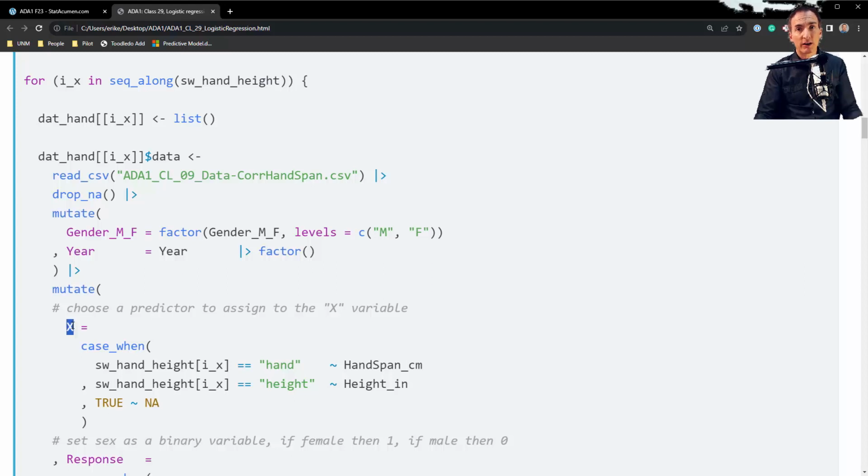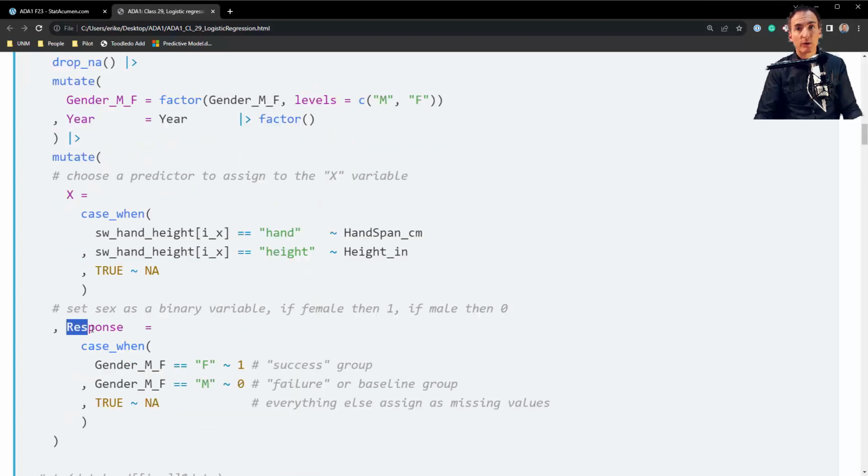So we've created the X variable, and then we need to create the response variable. So if it is a female, it's going to be equal to 1. If it's a male, it's going to be equal to 0. And if it's neither of those two things, then we'll just set it to NA, because those are the two things it should be. So now we've created our X variable and our response variable, and we can use those generically in fitting the model, right?